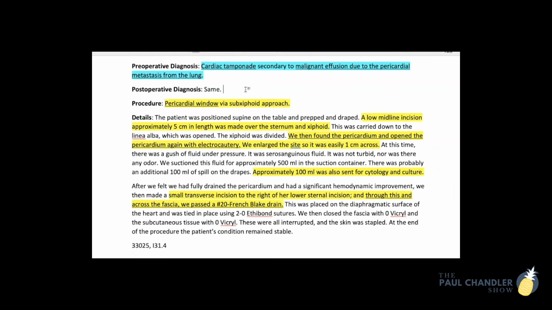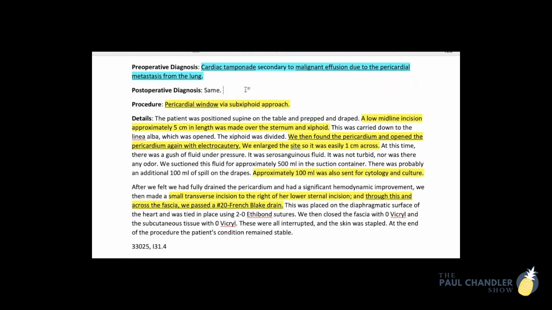Neoplasm, then heart. So it's secondary to malignant effusion due to the pericardial metastasis from the lung.